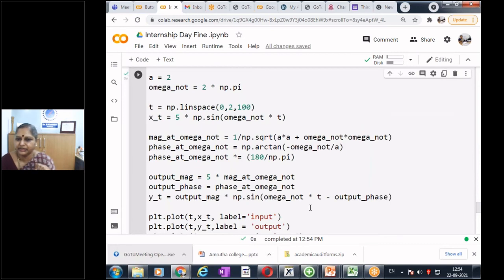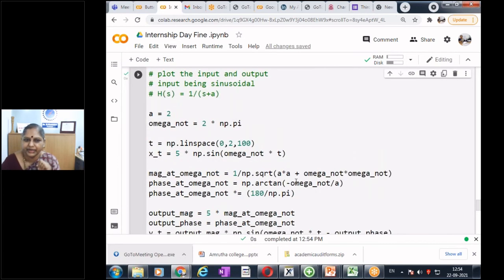Any doubt here? I'm running it, and I'm seeing the output. Let me retain my A. Let my omega naught be 2 pi. Let me make omega naught as 0.2 pi, and let us see what happens.